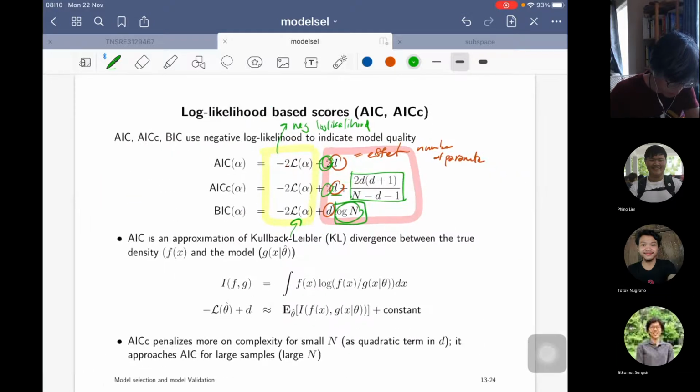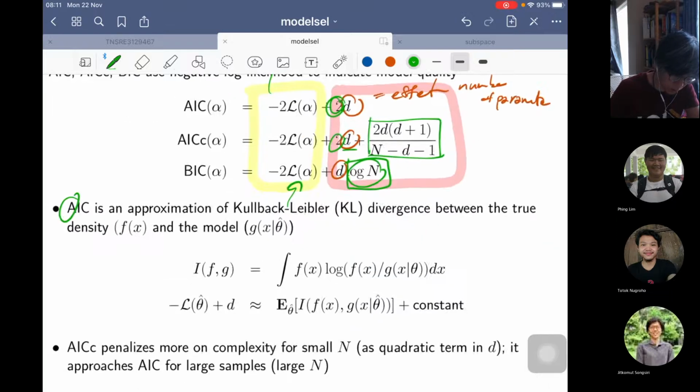For AIC, there is some detail in deriving it. AIC is actually named after the statistician who proposed this score. In statistics, there's a distance function called the Kullback-Leibler divergence.